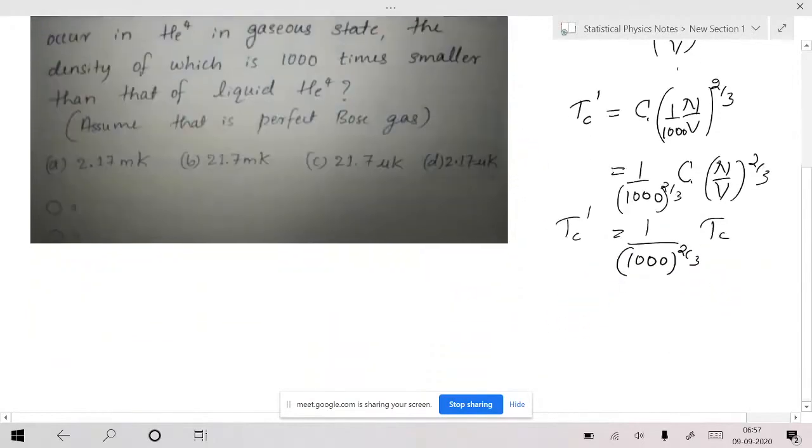What is 1000 raised to 2/3? How do you find 1000 raised to 2/3?